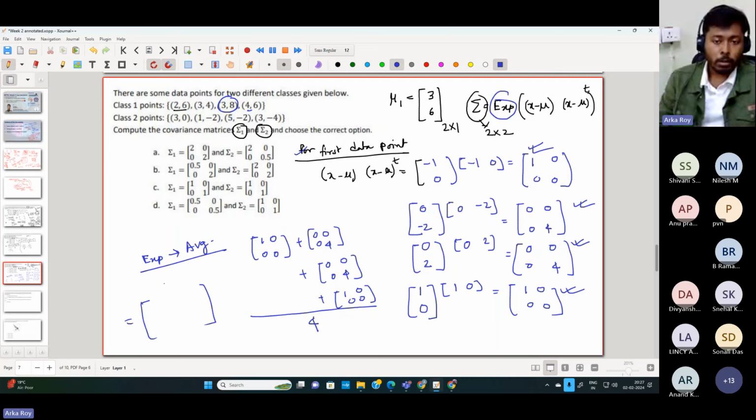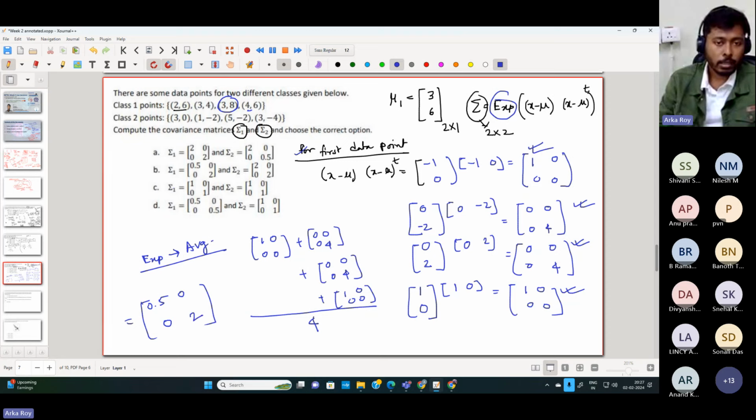So what will be the output? 0.5, 0. 0 over here, and 4 plus 4 equals 8, divided by 4, so 2.